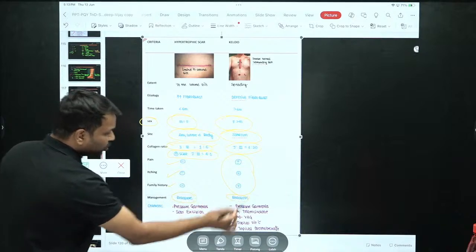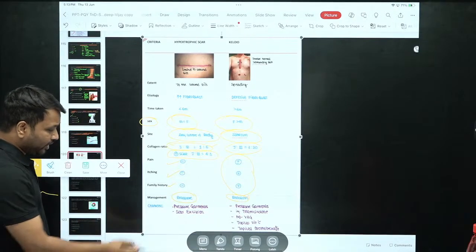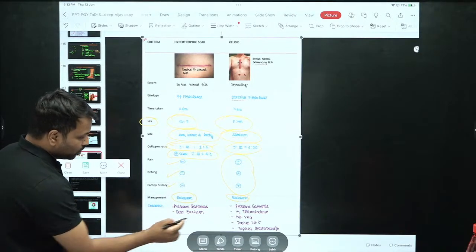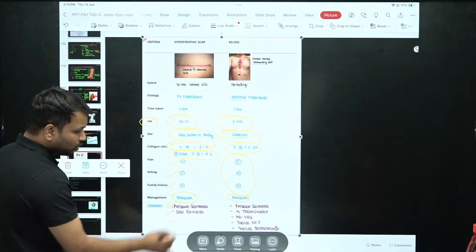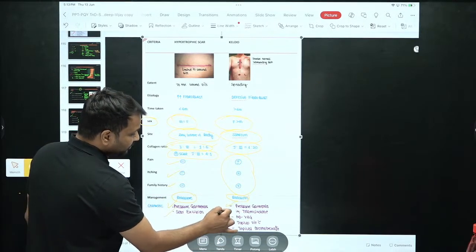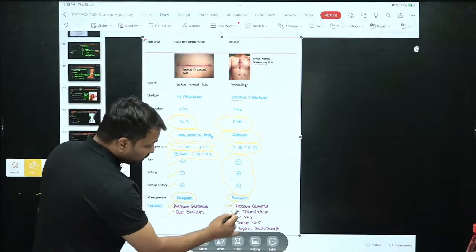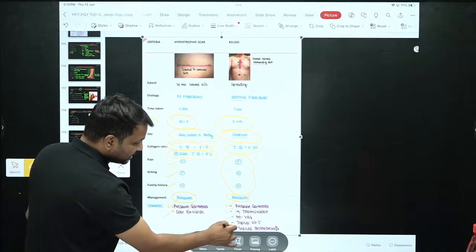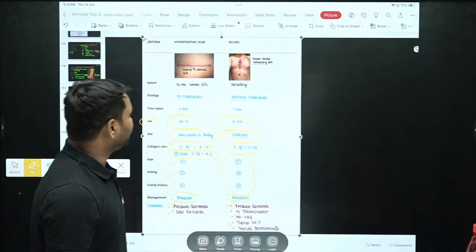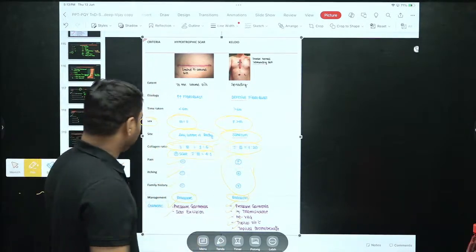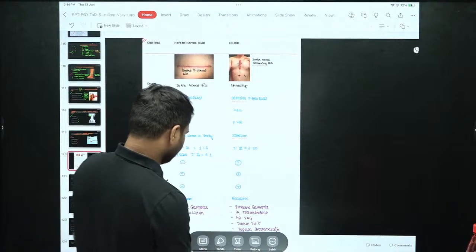Remember, for both of them, they are cosmetic reasons, so you can go for the reassurance. But if you feel so, remember for hypertrophic scar, under the cosmetic components, you can go with pressure garments or scar excision. Here, pressure garments, injection of intralesional triamcinolone, you can give Nd:YAG laser, topical vitamin C, and topical methotrexate can be given. So that's the differentiation between the hypertrophic scar and the keloids as well.